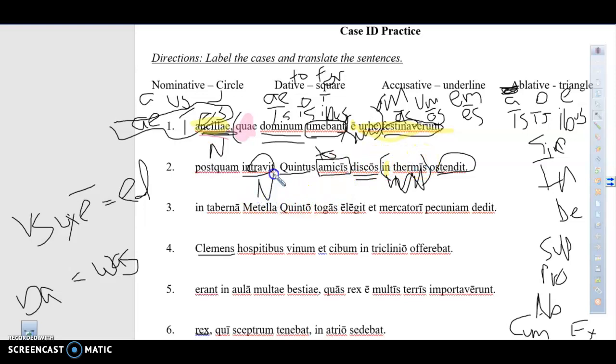I like to go nominative, verb, accusative, and then go from there. So Quintus showed the discs. And then I said to the friends in the baths. Number 3, go ahead and mark it. And then play the video.